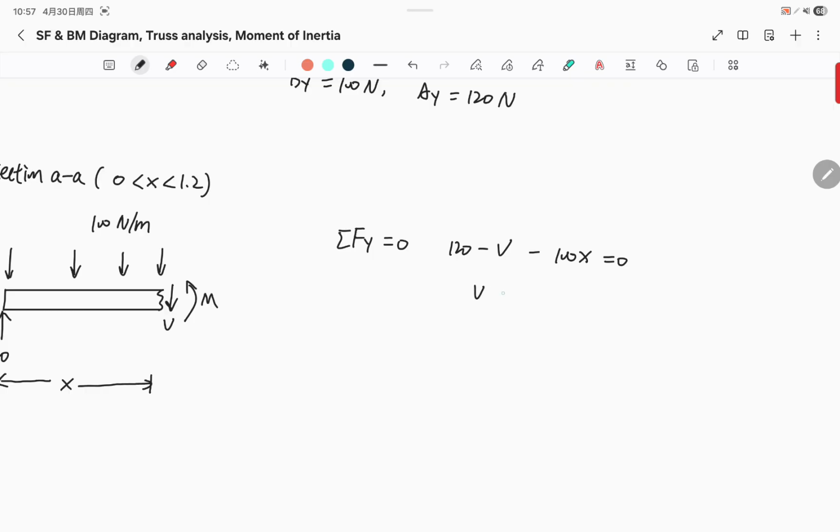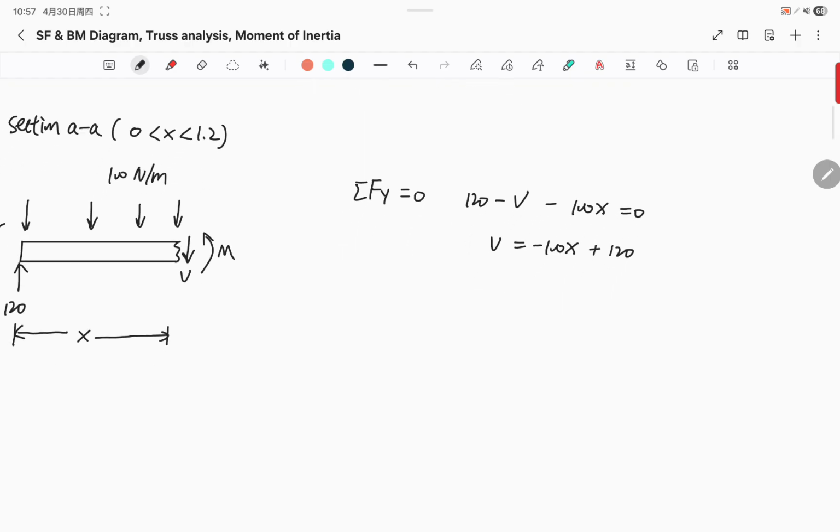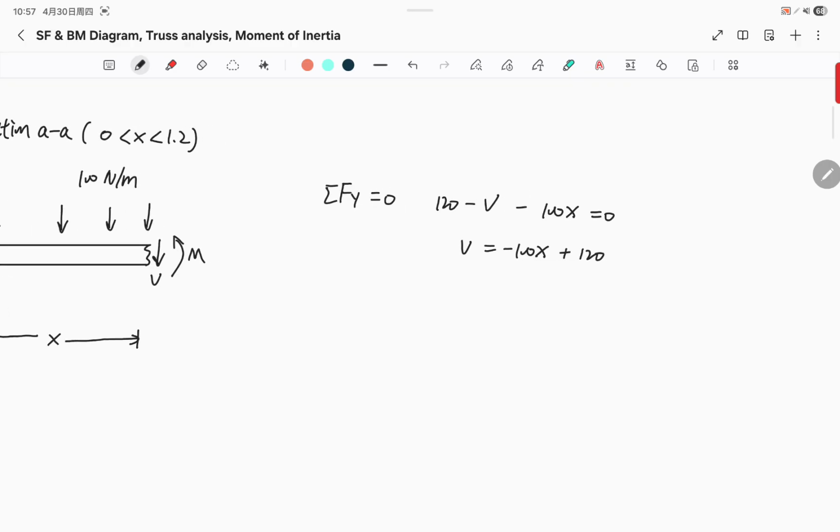Isolating V, we get V is equal to negative 100x plus 120. Personally, I prefer putting the x term in front of the non-x term so that when I draw the graph, I know that this is a decreasing slope.